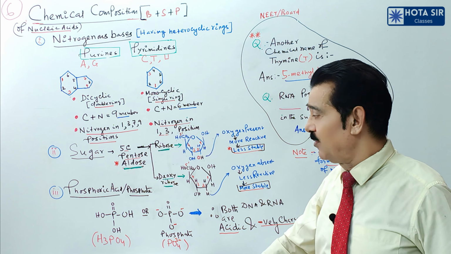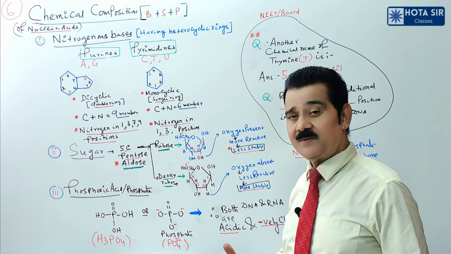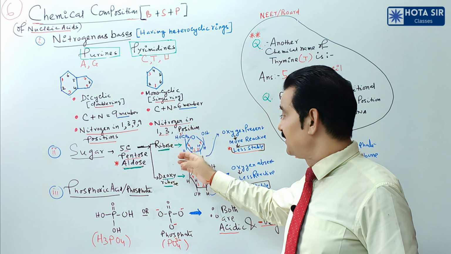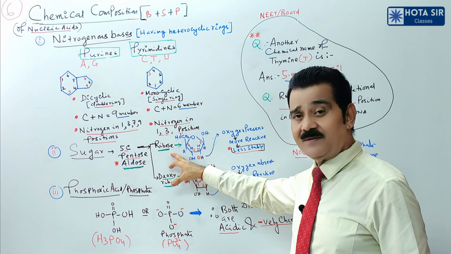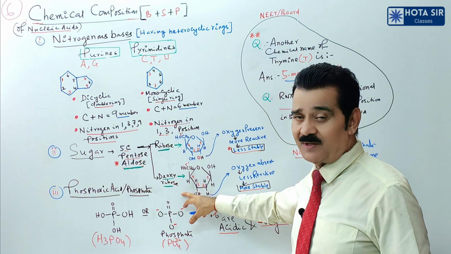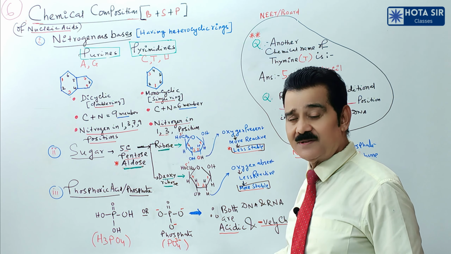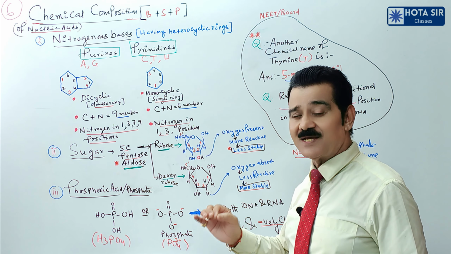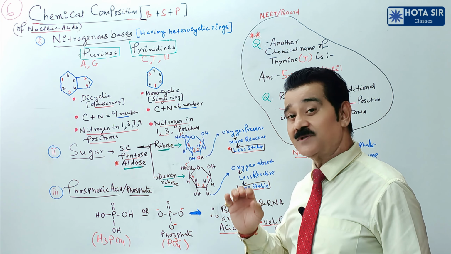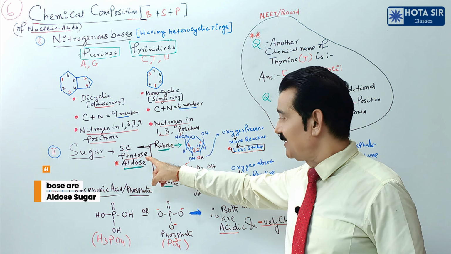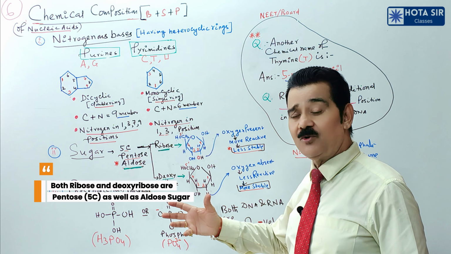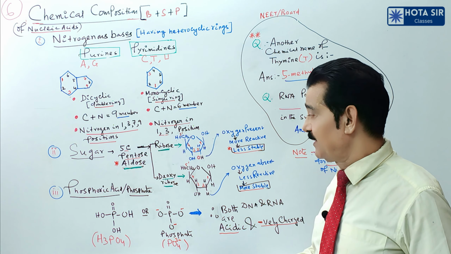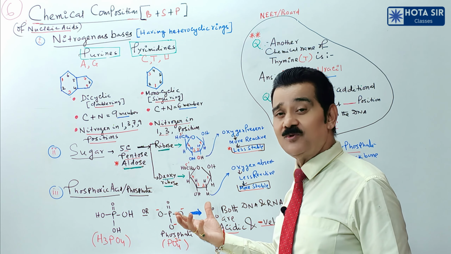Clear? Now, about the sugar molecule. Sugar molecule in both DNA and RNA: RNA has ribose sugar, DNA has deoxyribose sugar. Both the sugar molecules are pentose sugars, that is having 5 carbons. Both are aldose sugars. Here I have written pentose, aldose: pentose means 5 carbon, aldose means having an aldehyde group, that is aldopentoses.